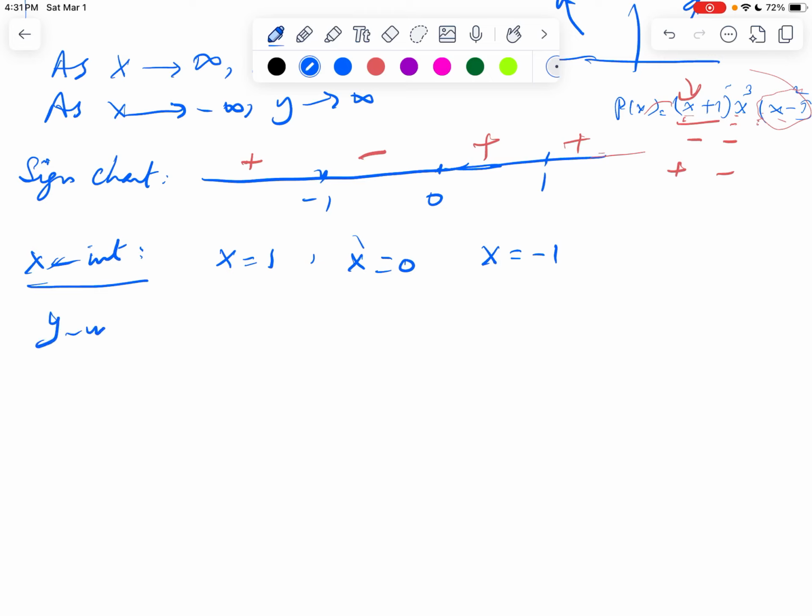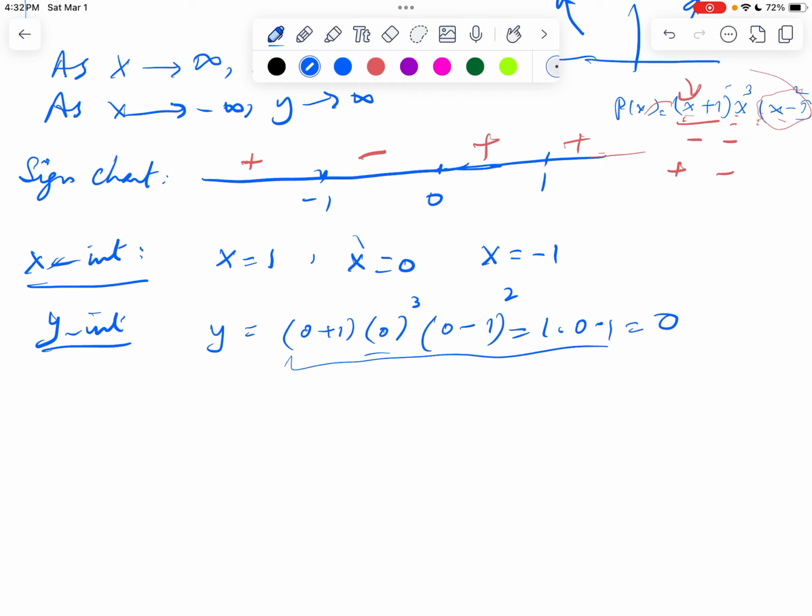Remember, for the y-intercept, we set x equal to 0. So when you plug in x equal to 0, y will be equal to 0 plus 1 times 0 cubed times 0 minus 1 squared. Now, the first one gives me 1, the second is 0, 1 into 0 into 1, which is 0. I don't even have to do all this work, I can just say equal to 0.